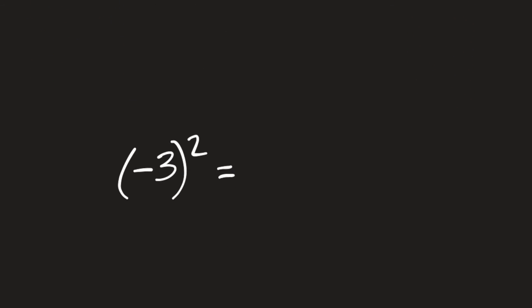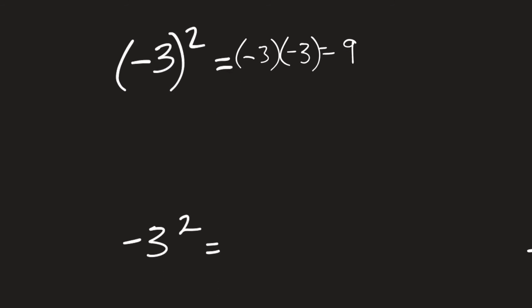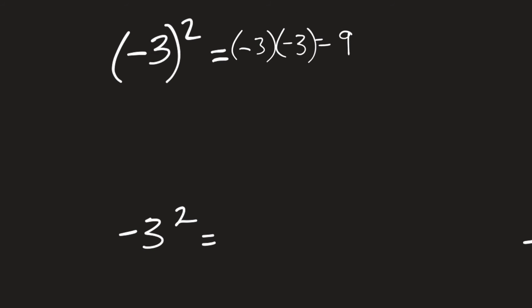All right, so we have this. What might this be? So this would be negative 3 times negative 3, which is positive 9. Nothing too sharp there. So this one over here, this is the opposite of 3 squared.